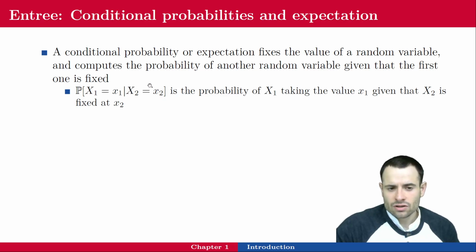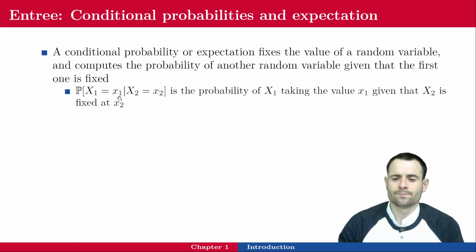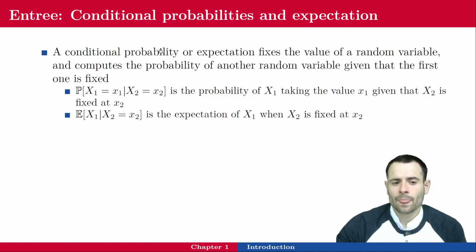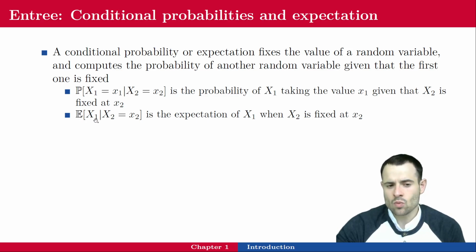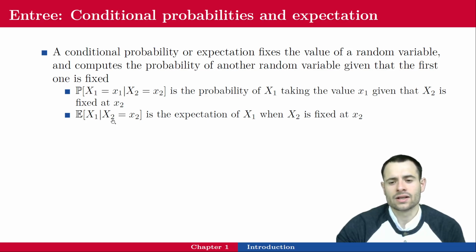Adding this condition will give you a different probability for X1 taking the value small x1. The same way I can use the expectation. Instead of a P here, I can put an E, and expectation of X1 given X2 is equal to small x2 is the average value of X1 when X2 is fixed at small x2.